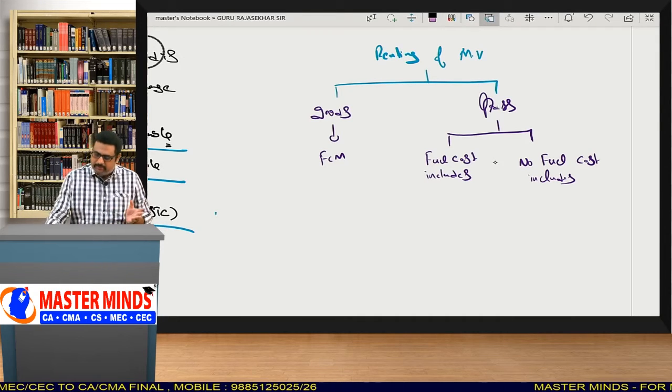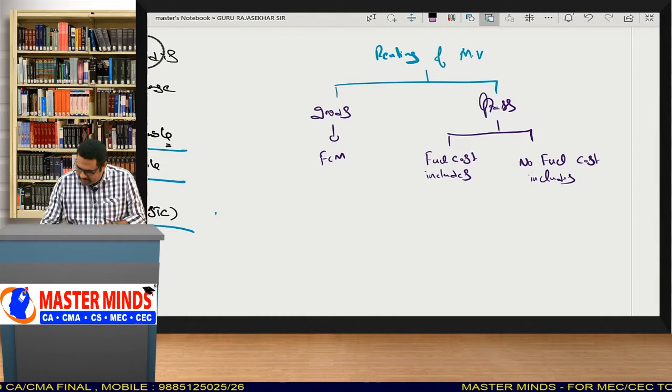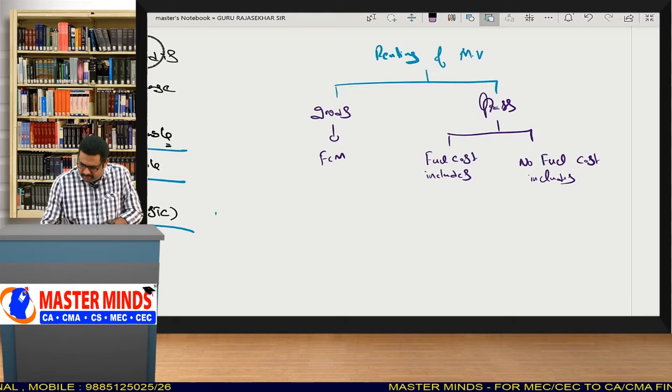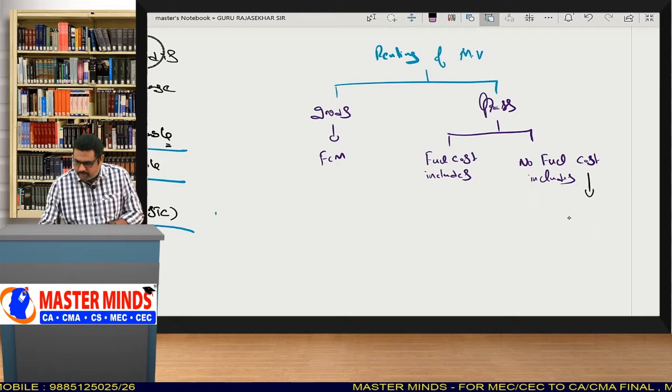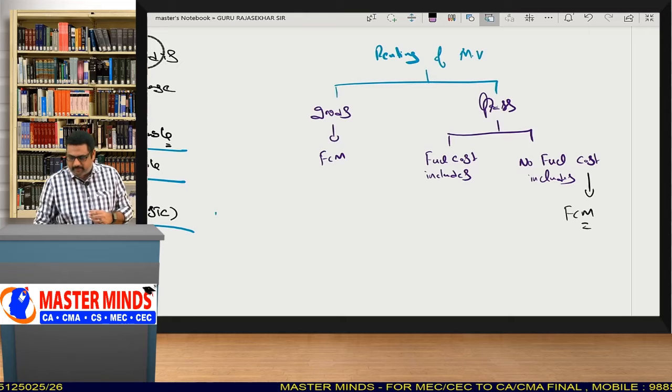So if at all no fuel cost was included in the consideration, then FCM will be applicable straight away.